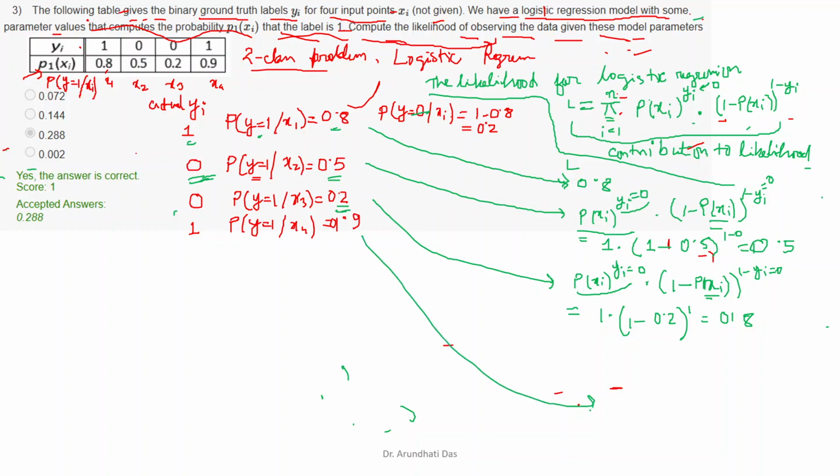Similarly for the fourth one, the actual class label is 1, so this will be as it is, and the value will be 0.9.